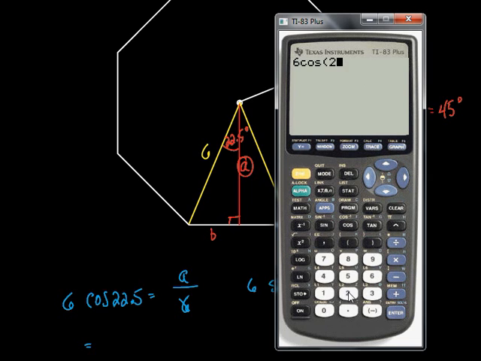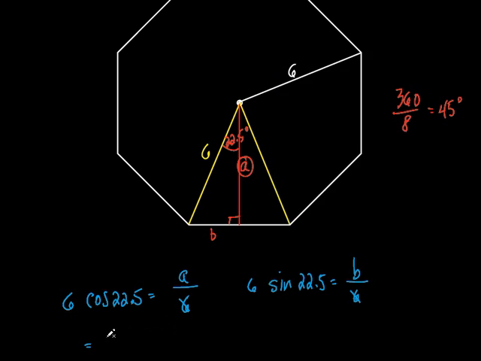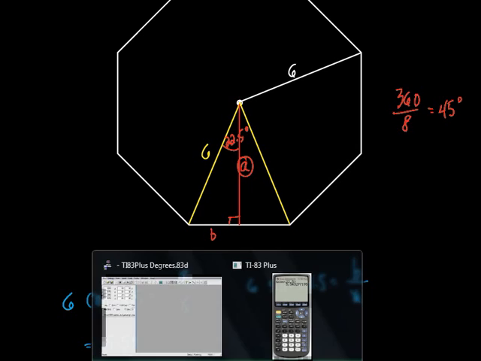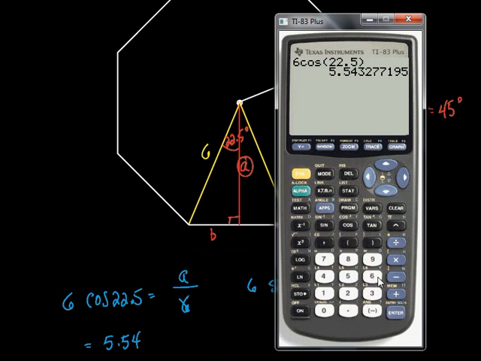So it's 6 cosine 22.5, and that's about 5.54. Let's go two decimals. And let's do the same thing with sine this time. So it's 6 sine of 22.5, and that gives us 2.3.